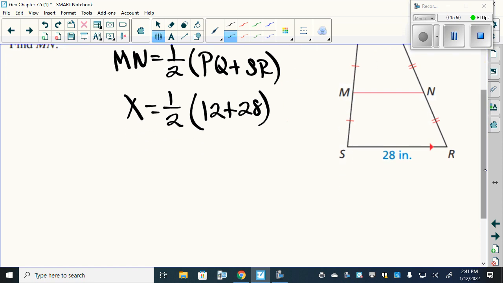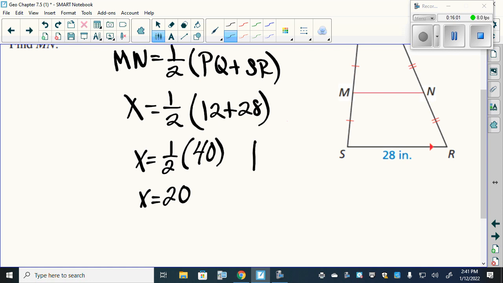Well, what is 12 plus 28? So we're taking half of that, which is, so the mid-segment, MN, is 1.